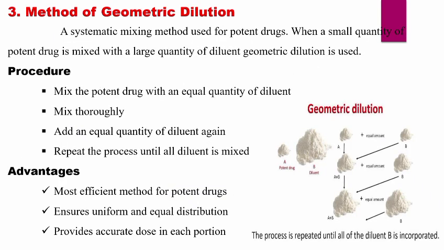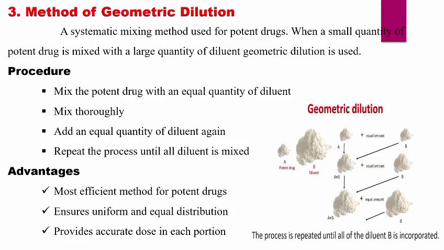Next one is the method of geometric dilution. It is a systematic mixing method used when a small quantity of potent drug is mixed with a large quantity of diluent. For that, we have to take an equal amount of excipient as well as the potent drug. First, we mix equal amounts of the potent drug and the diluent.